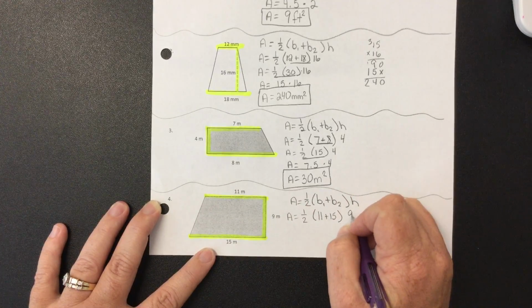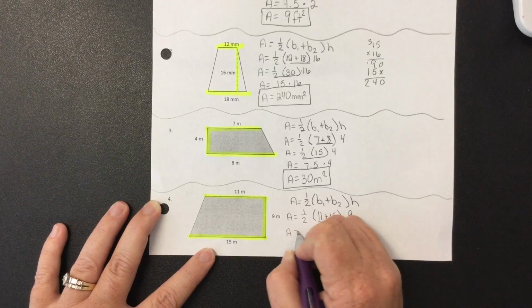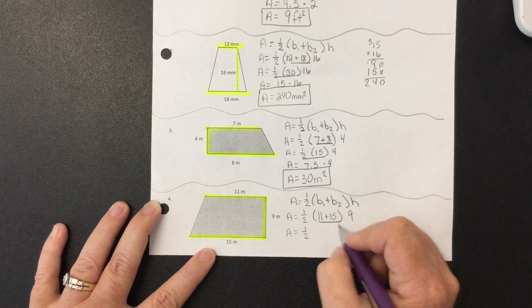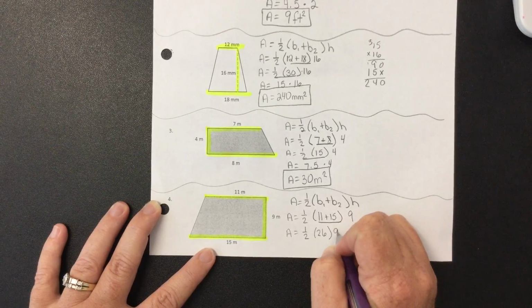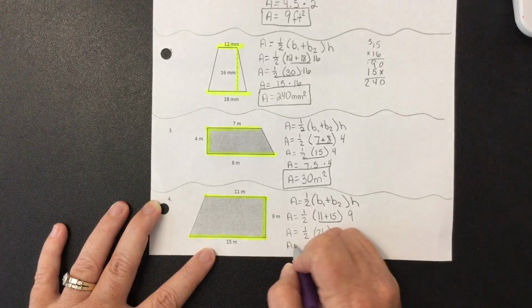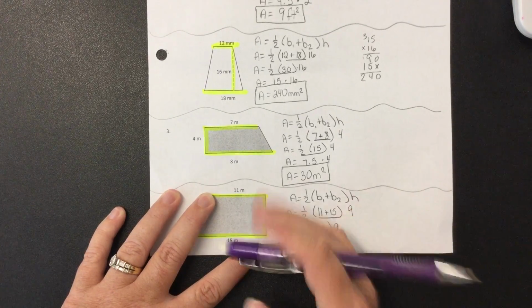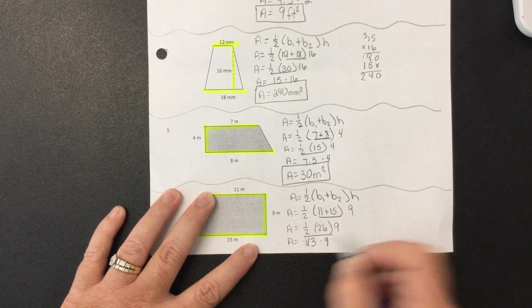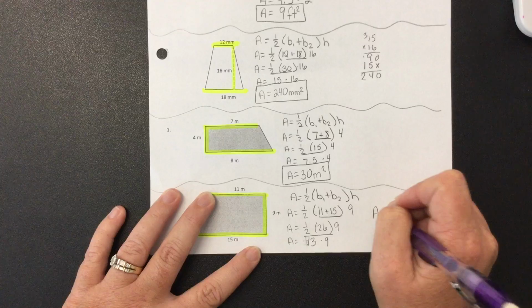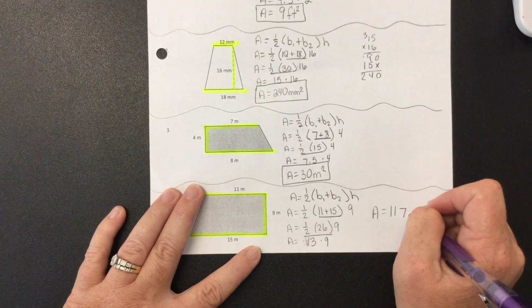My height is 9. Add those two together and I get 26. And half of 26 is? 13. And 13 times 9 is? 117 what? Meter square.